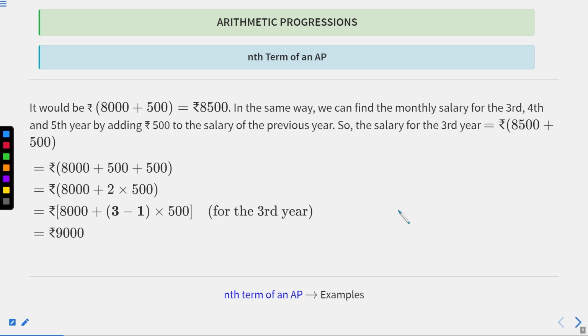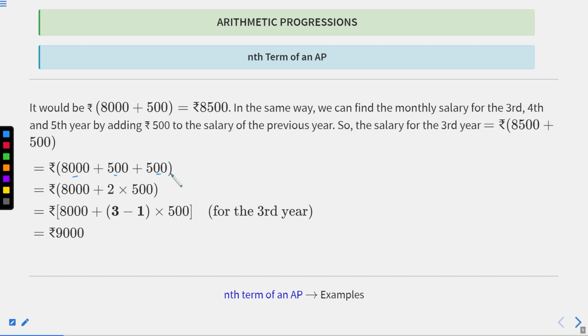So the salary for the third year is 8500 plus 500. We can write 8500 as 8000 plus 500, so this is equal to 8000 plus 500 plus 500.